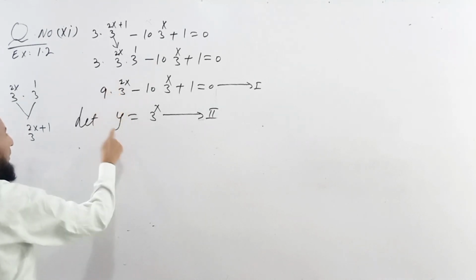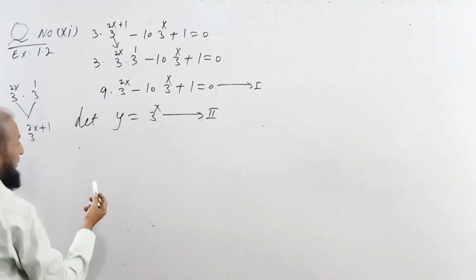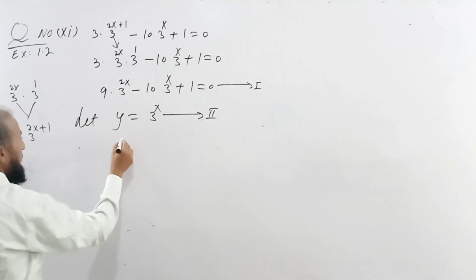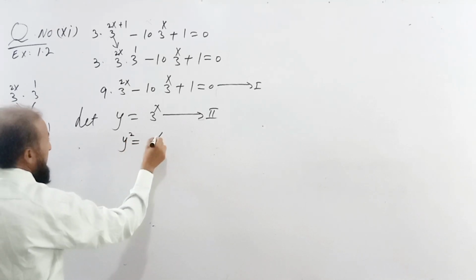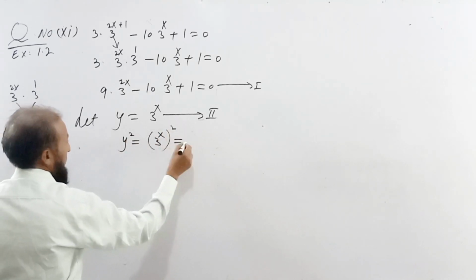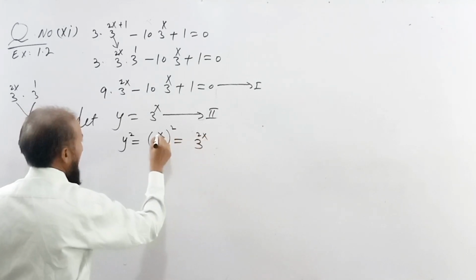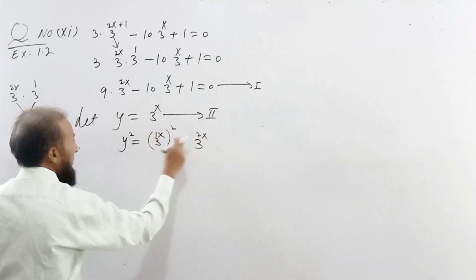Here a square is required. Now we take the square, taking the square of equation number 2 on both sides. So we can write y square is 3 power 2x.